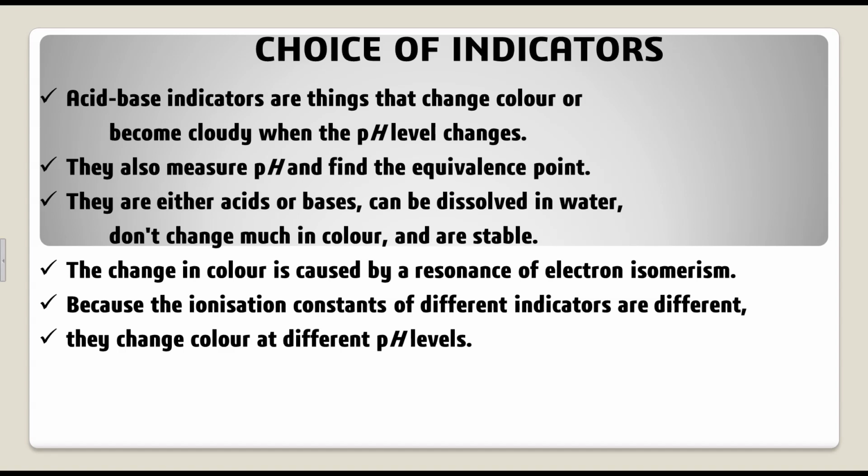Fourth point, the change in color is caused by resonance or electron isomerism. Because the ionization constants of different indicators are different, they change color at different pH levels. This is all about how the indicator behaves.